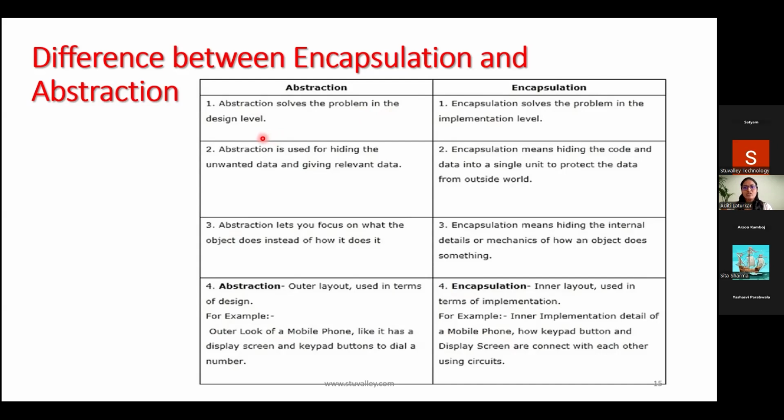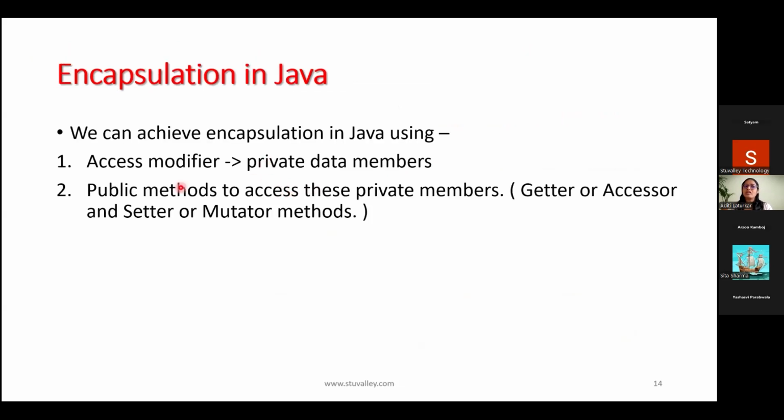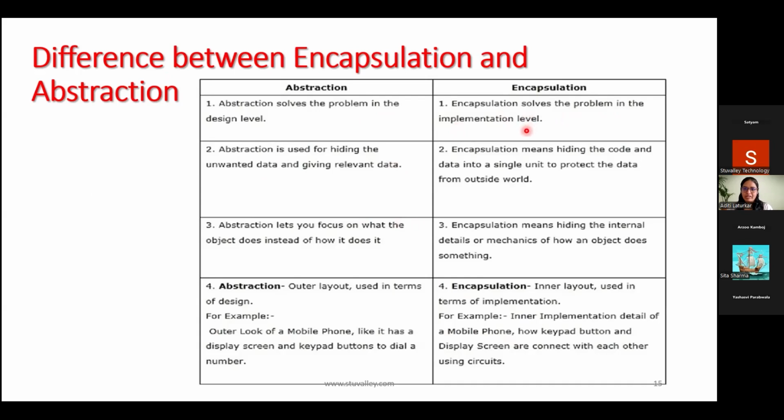But encapsulation solves the problem at the implementation level. How? Because for encapsulation, we are using access modifiers and methods to access the private members. Abstraction is used for hiding the unwanted data and giving relevant data. Encapsulation means binding the code and data into a single unit to protect data from the outside world.